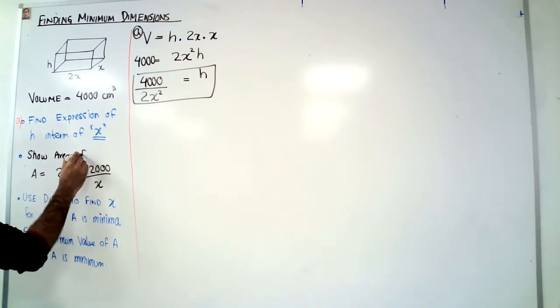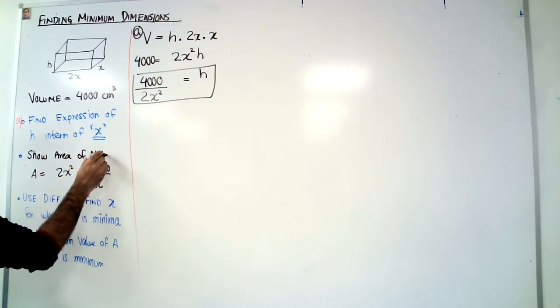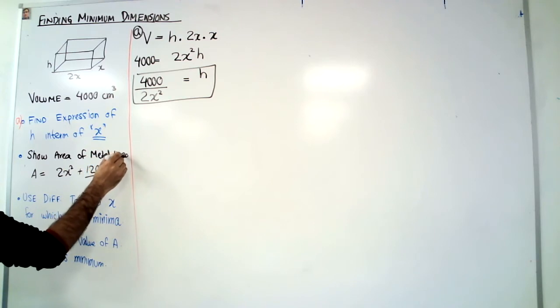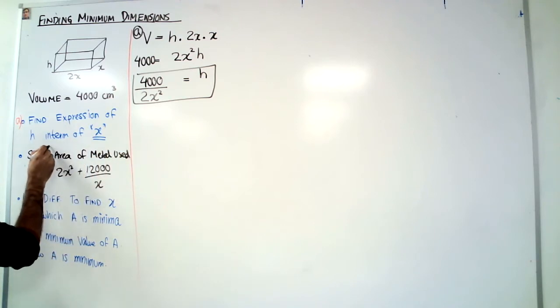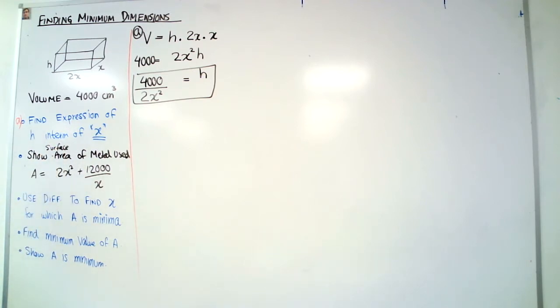It's the area of metal used, so the surface area of the metal used is given by this expression. Because it's a box with an open top, it has 5 sides, so I need to find the area of each and every side. Let me do that as part B.